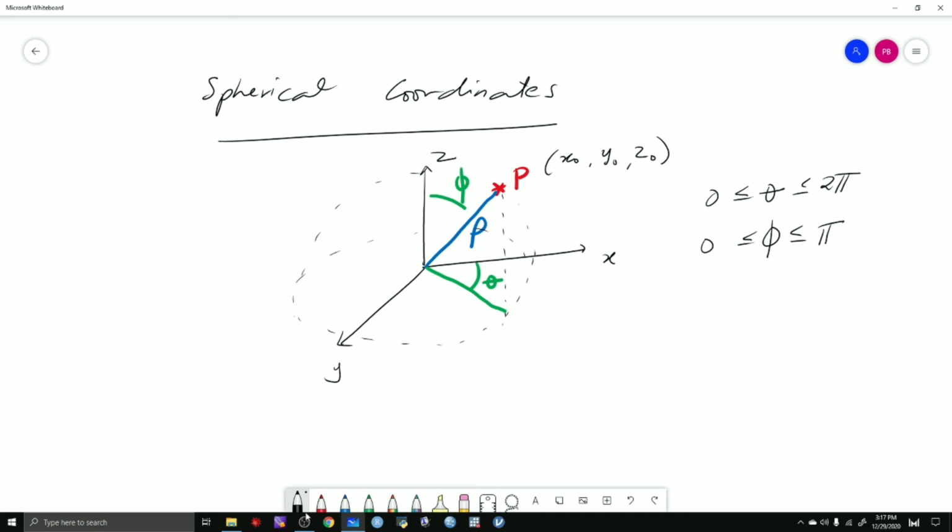R is greater than or equal to 0, so in the figure, this is r, and rho is also greater than or equal to 0.